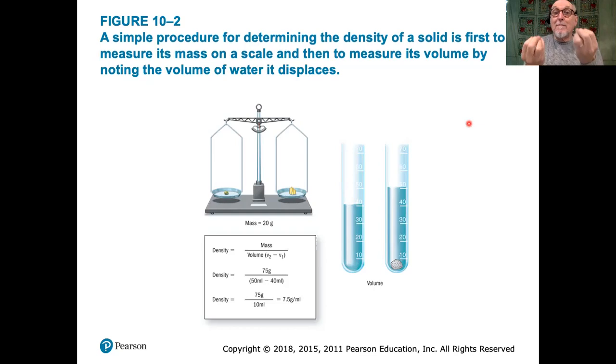And we use a special unit of volume. We rate it against 1 cubic centimeter of water at 4 degrees Celsius, and that equals 1 gram. 1 cubic centimeter of water at 4 degrees Celsius weighs 1 gram. So this is what we're going to do. We're going to weigh our substance, and then we're going to weigh its volume.